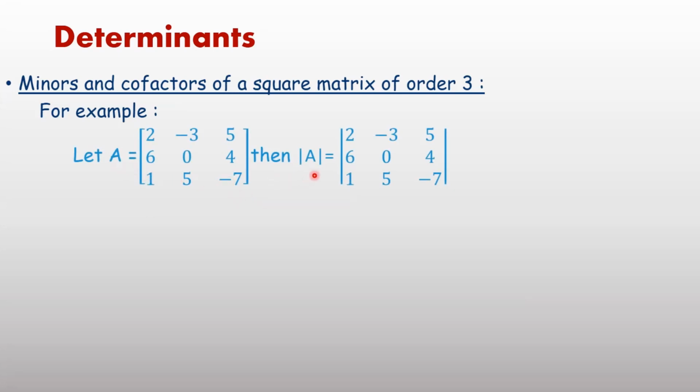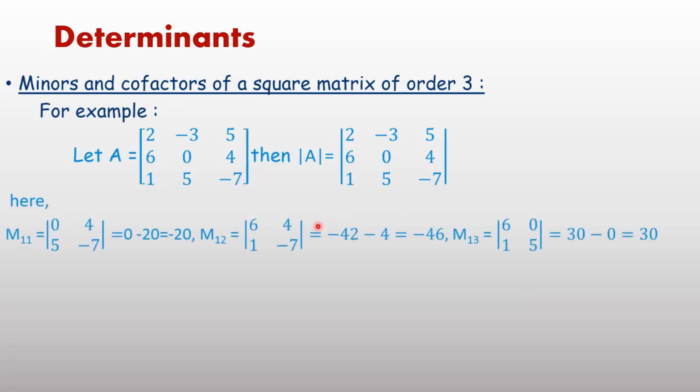Matrix given, determinant you can write in this pattern here: 2 minus 3 5, 6 0 4, 1 5 minus 7. Now M11. M11 means first row first column. So delete first row and first column.